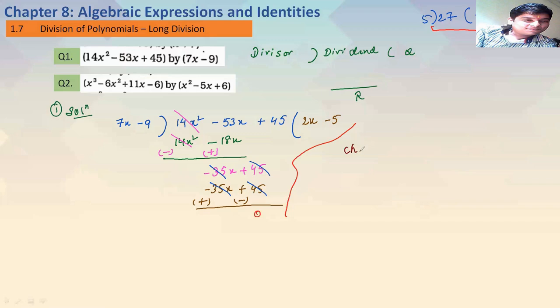Check for verification. So we are going to have divisor times quotient plus remainder. Divisor is 7x minus 9. Quotient is 2x minus 5. And remainder is 0.